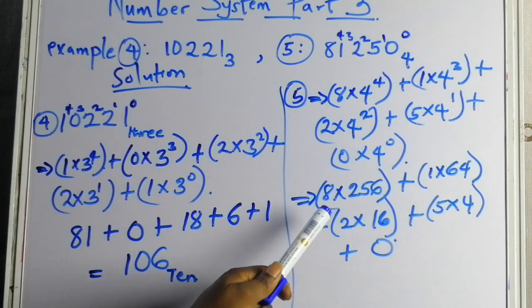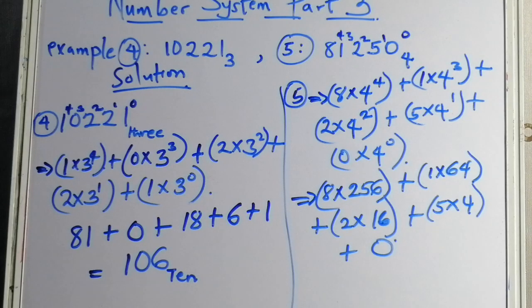Okay. Now, what we do is we multiply it by 8. That's 256 times 8. Okay.